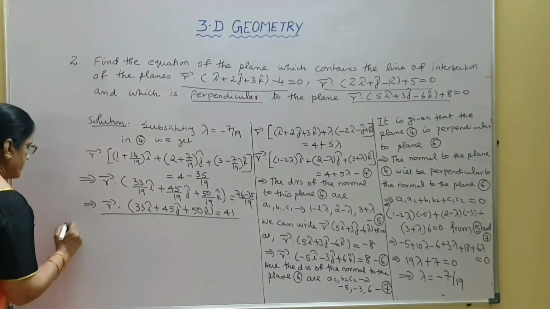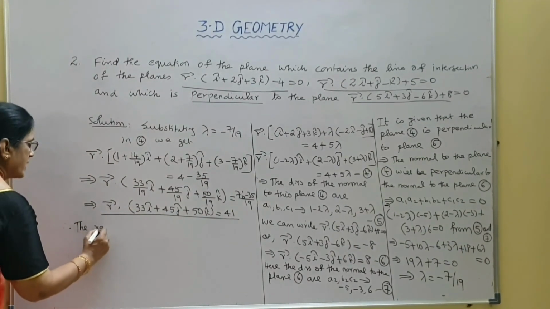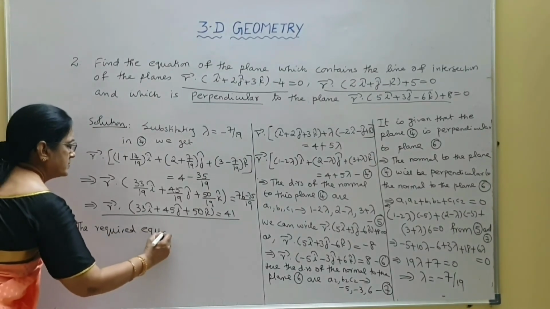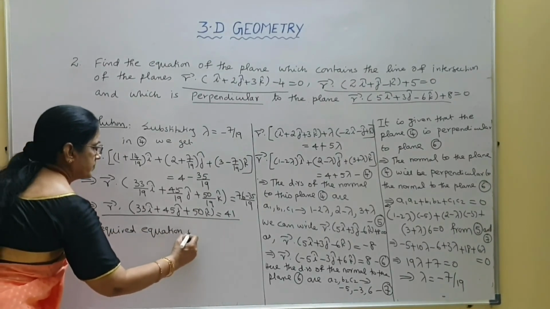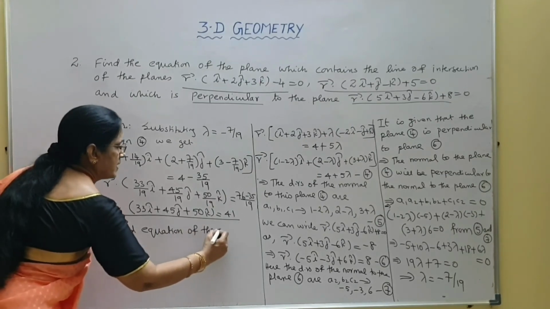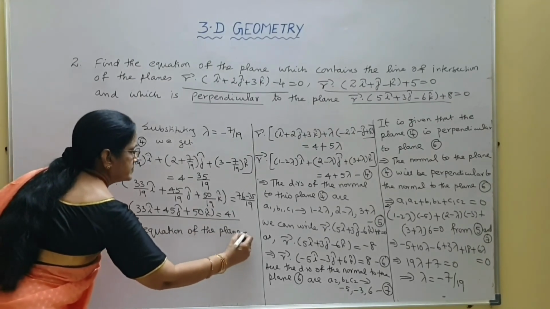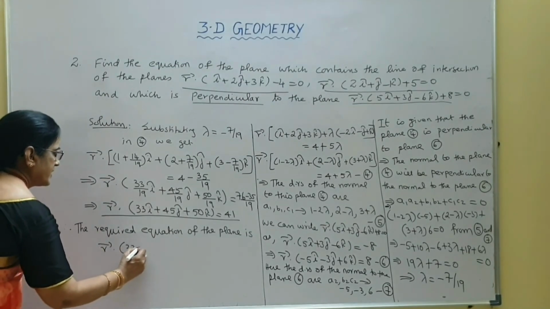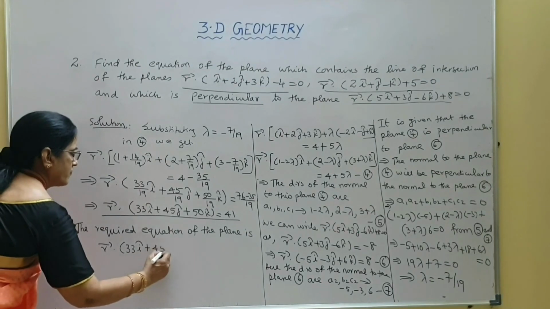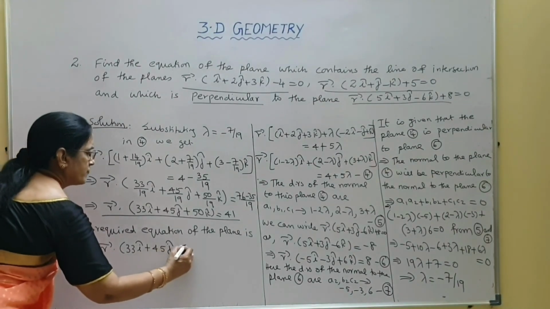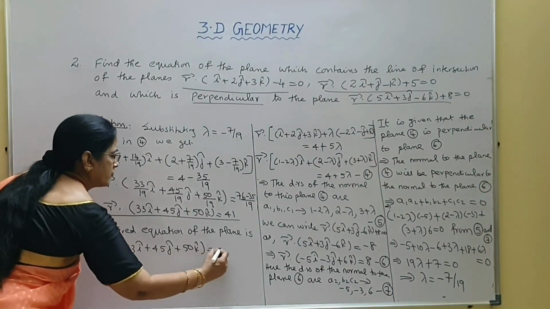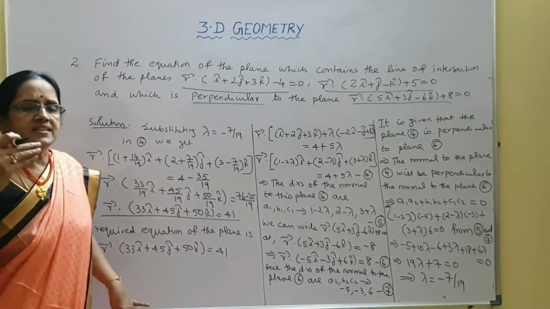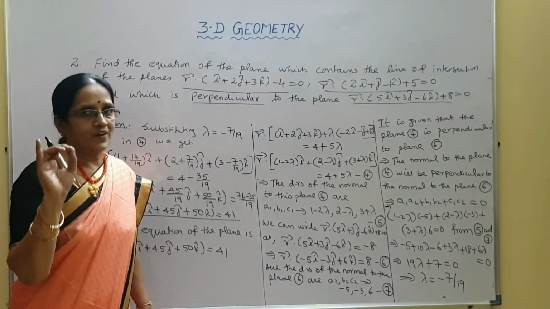Therefore, the required equation of the plane is vector r dot 33 i cap plus 45 j cap plus 50 k cap is equal to 41. You have to rewrite this statement once again as your final answer.